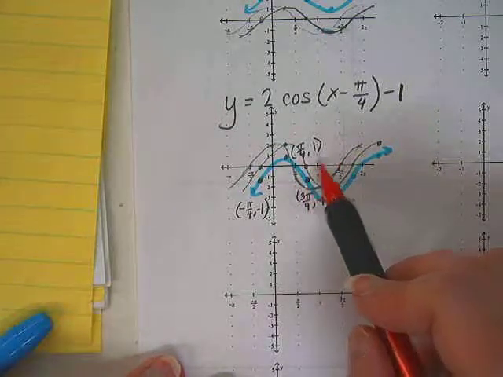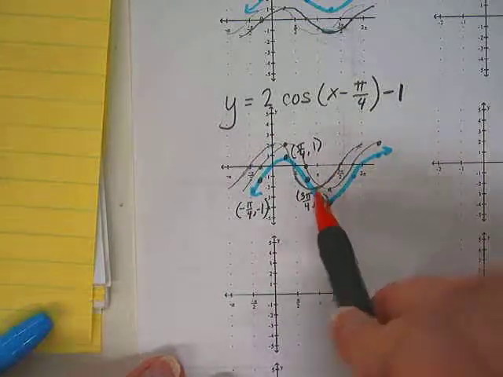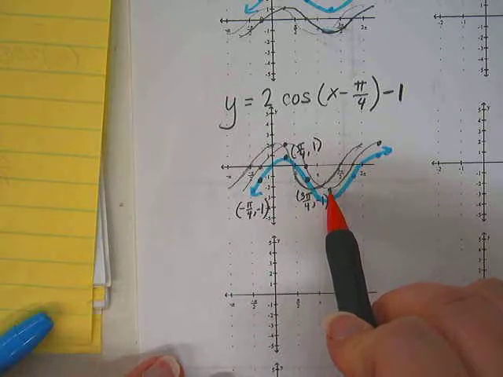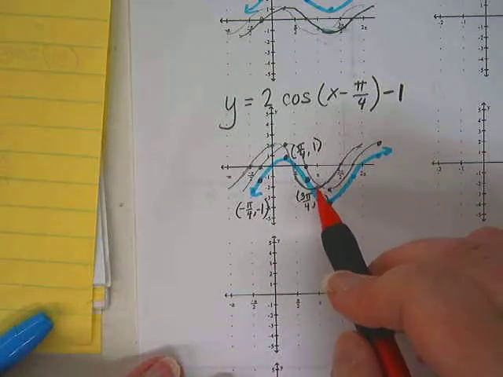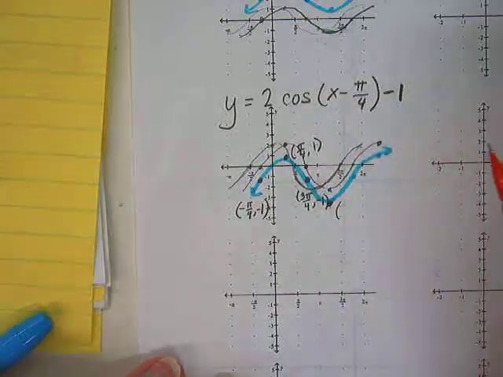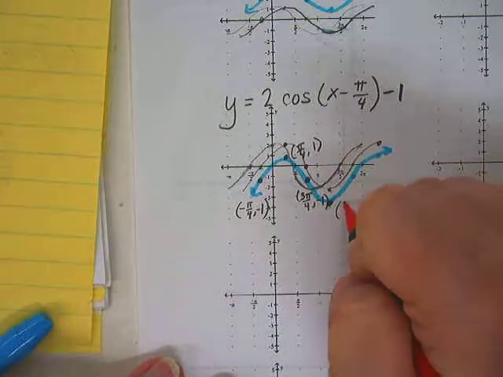Okay, now we have a point down here, a minimum point. Where would that point have moved to? First of all, that point would have started at π. I'm losing track of where.